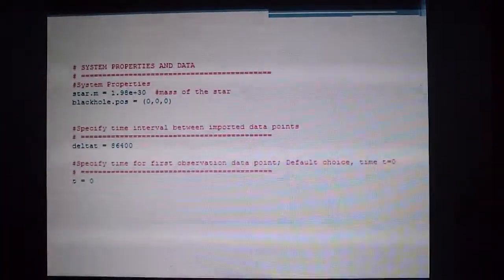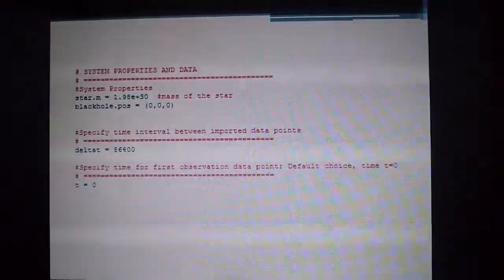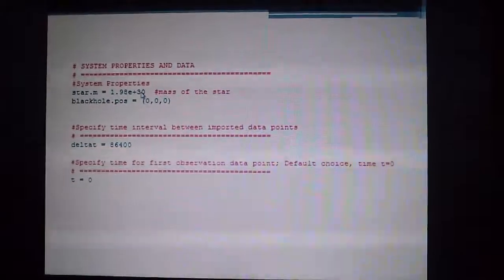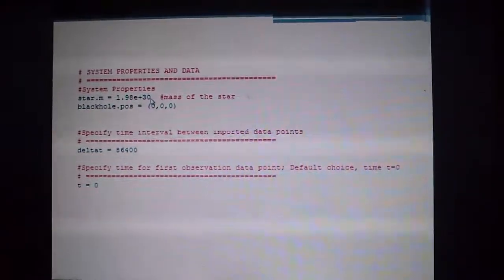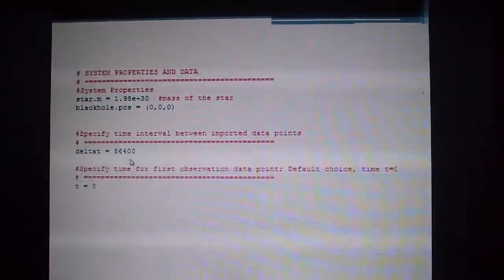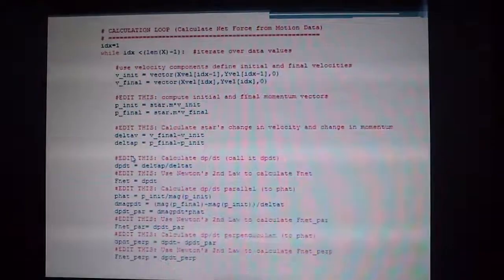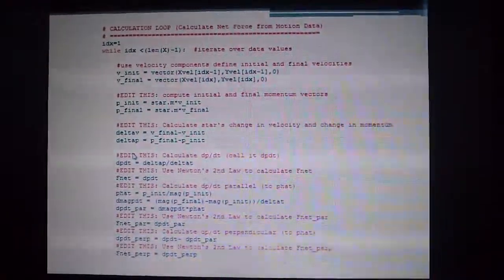In the Python program, I need to define some things about the system observation. In this case, I define the star's mass, the black hole position, and the time of the trajectory of the star. Now, this part is the main study of the motion of the star.